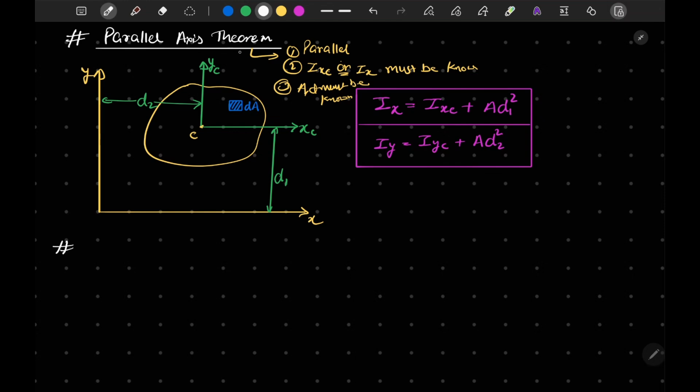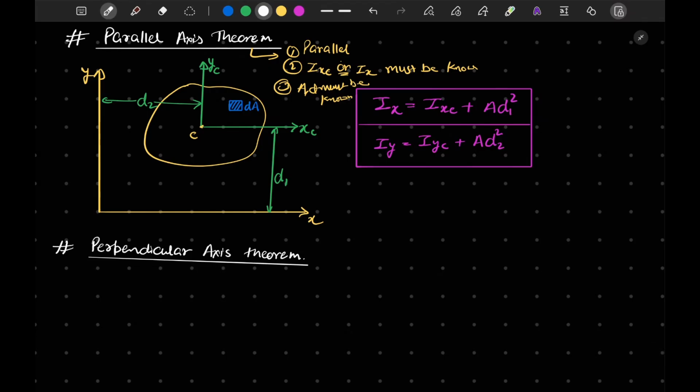Of course there is one more theorem, let me mention it here also. So this is the parallel axis theorem. The next one is the perpendicular axis theorem. We know the values of Ix and Iy.